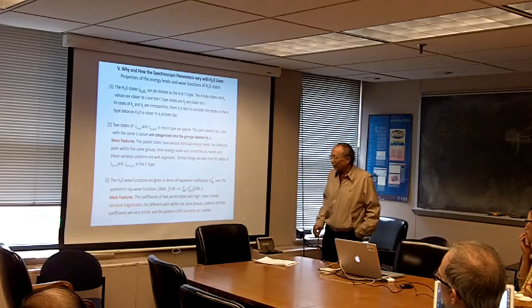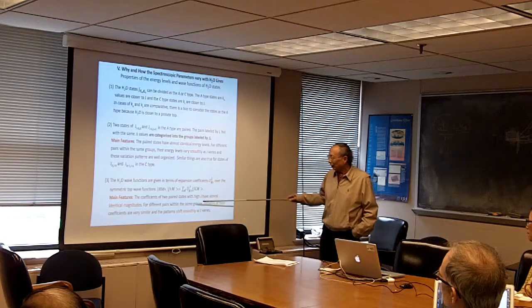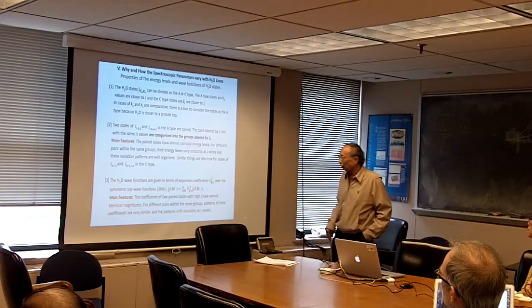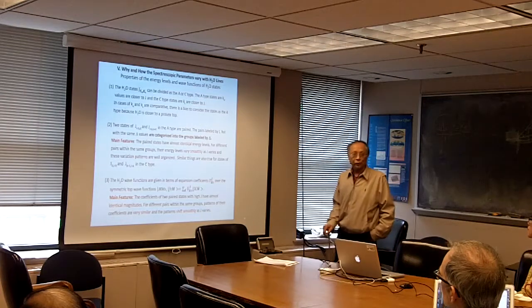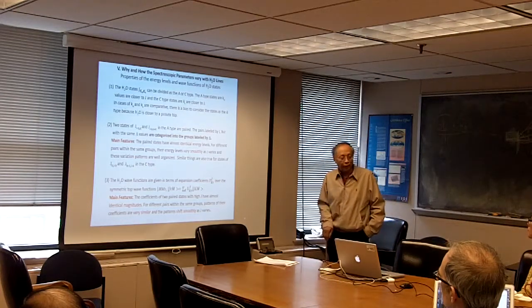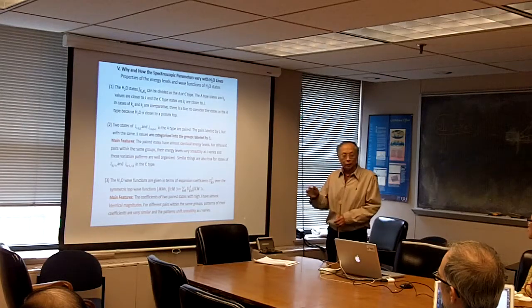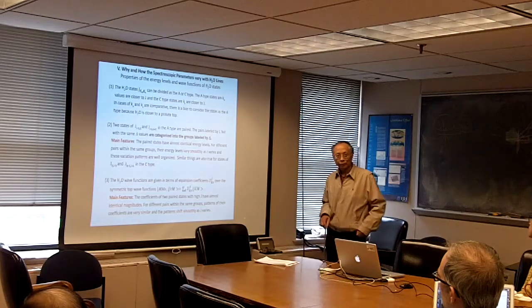The main feature again: the coefficients of two pair states with high J values have almost identical magnitude, not always identical value, but identical magnitude. And the patterns in the same group with different J change very smoothly.